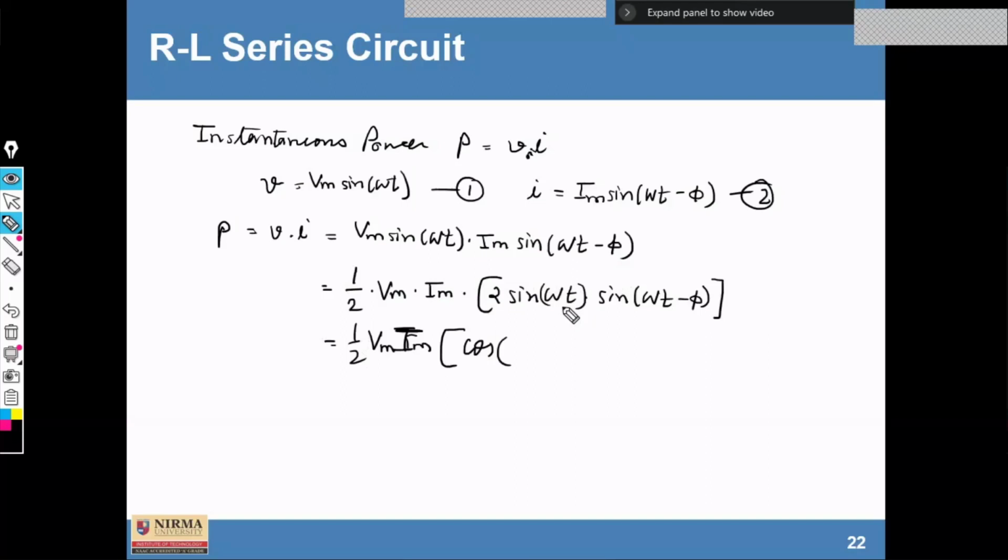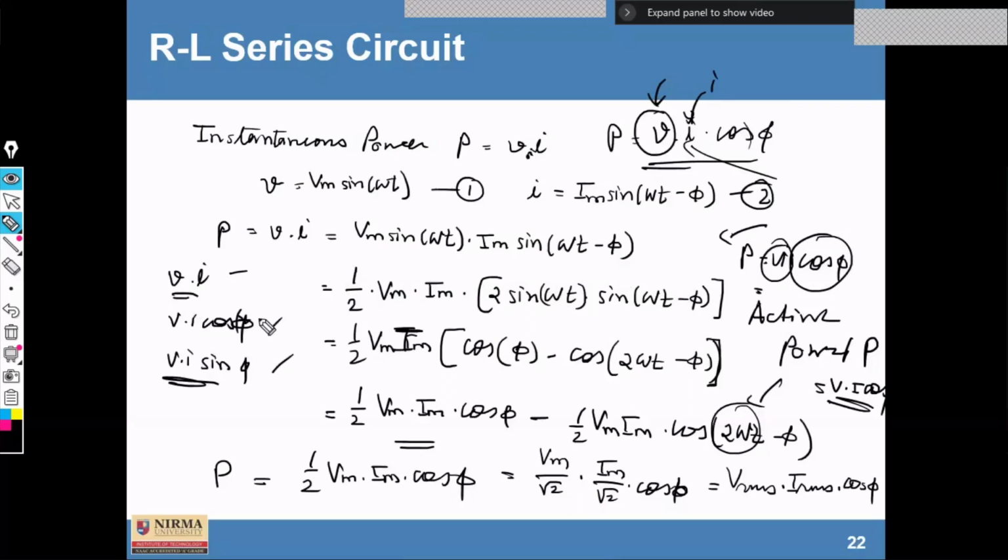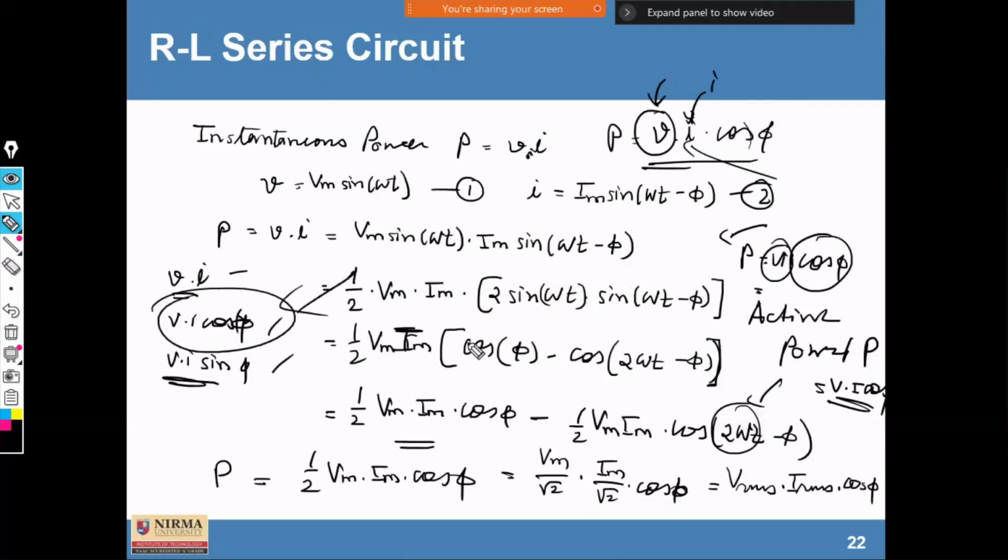So there are three different powers: V into I is the apparent power, VI cos phi is the active power, and V into I into sin phi is the reactive power. The useful power, the active power, is VI cos phi.